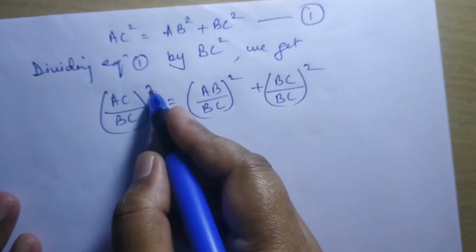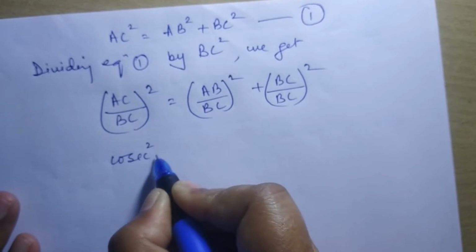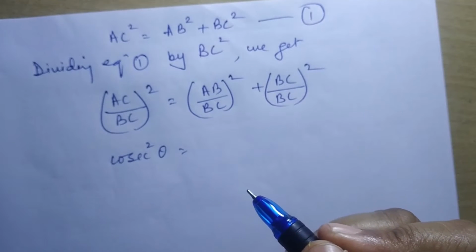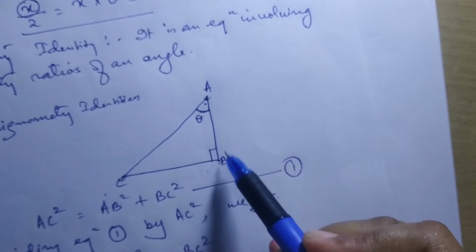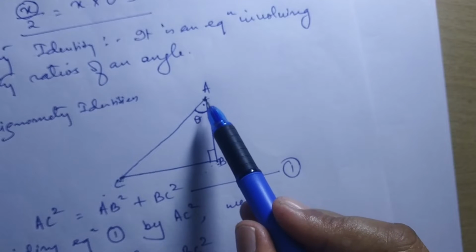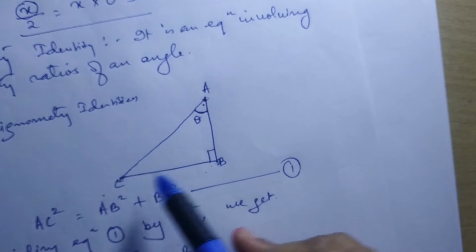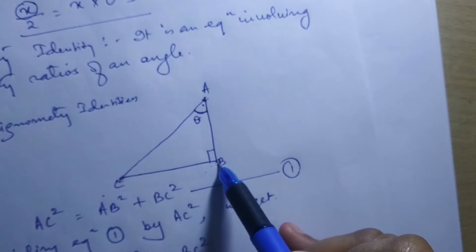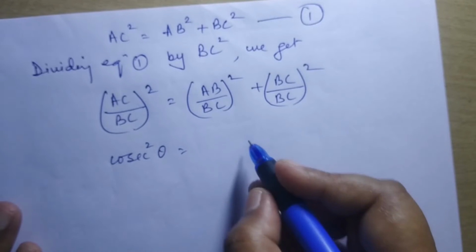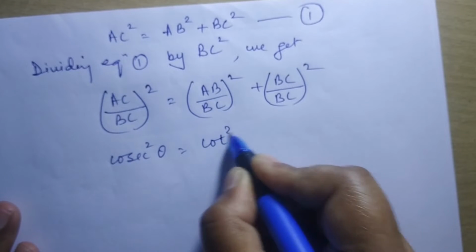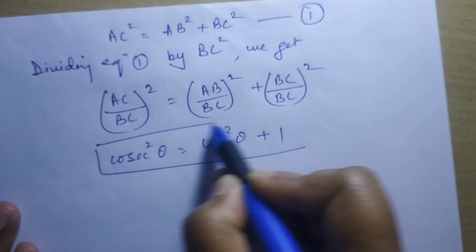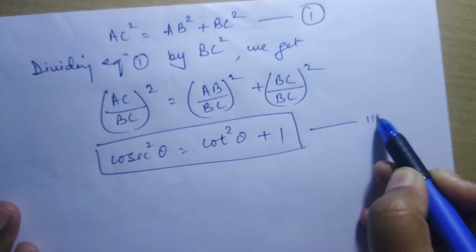So it is cosec square theta. What is AB by BC? BC was the perpendicular and AB was the base. So perpendicular by base was tan theta. Now base by perpendicular is your cot theta. Very simple. So it is cot square theta. And what is BC by BC? It is 1. So now you have got the third identity.